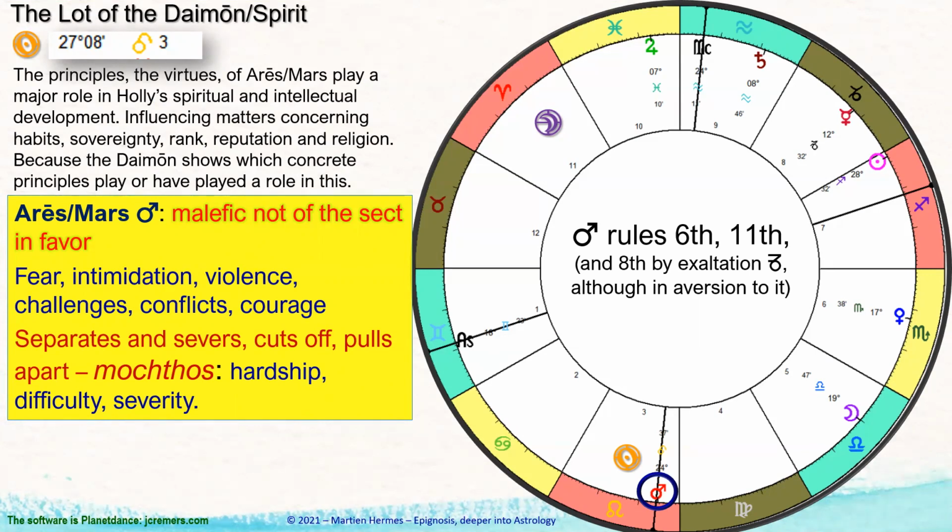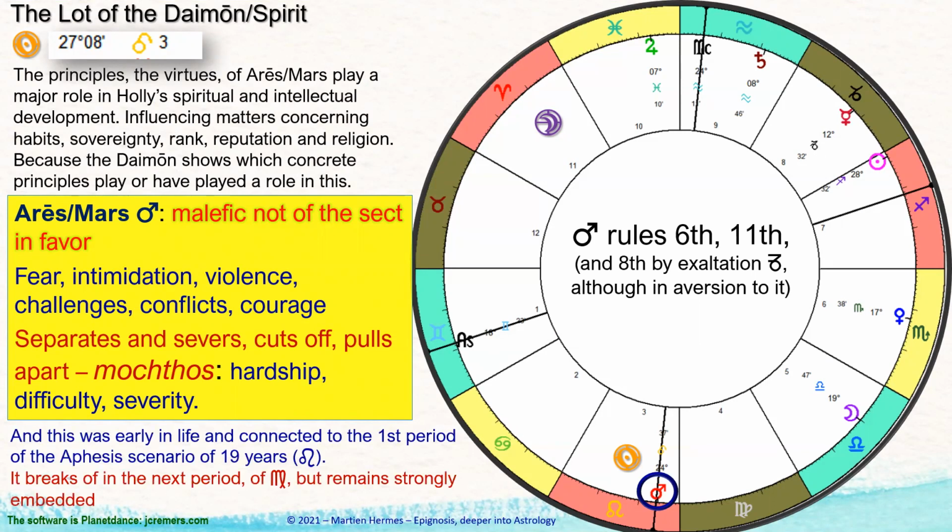And it's also the ruler of the 11th place, which might have to do with the environment, friendships, groups, the groups you might belong to. And of course, everything to do with school and being in school in a group of persons. So, okay, Holly was kind enough to share something about this early age.